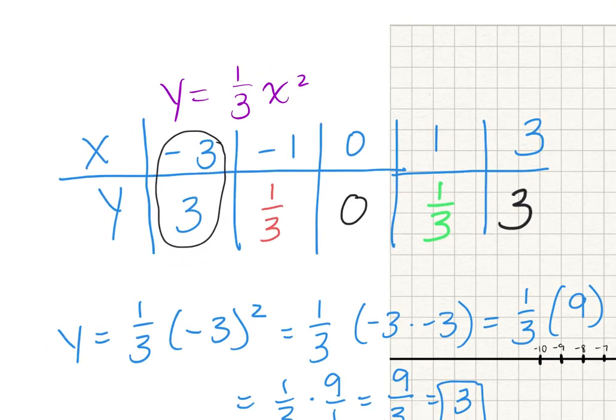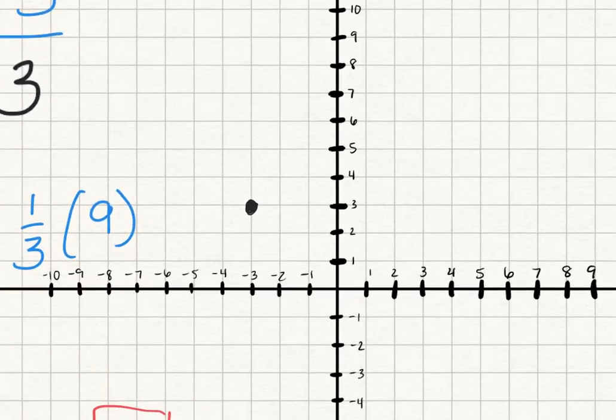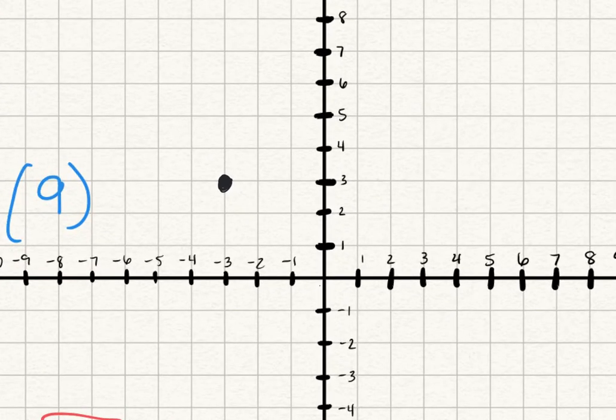At x equals -1, y is 1/3. So we're going to go to the left 1, and then up 1/3, so right about here, just above the axis.